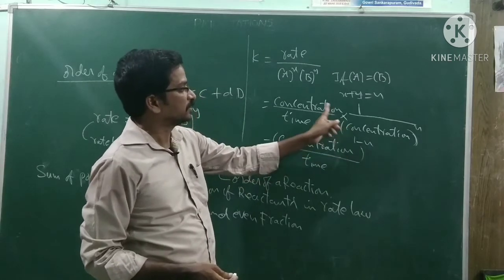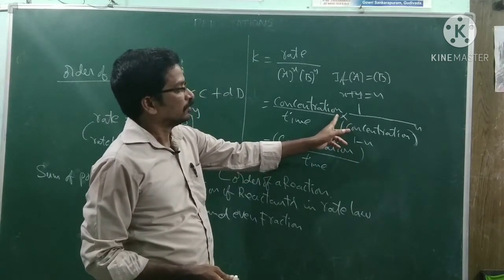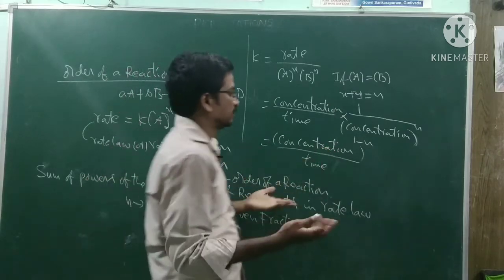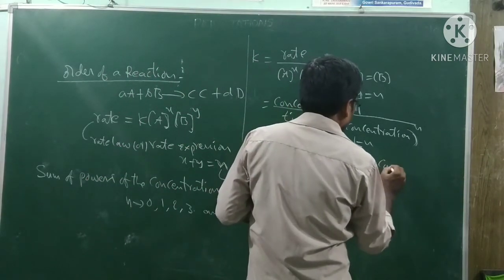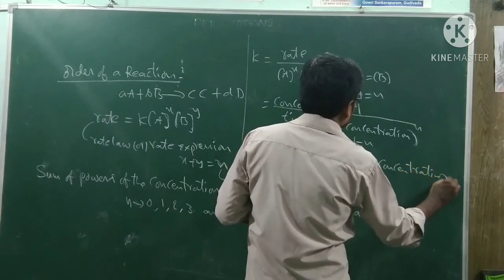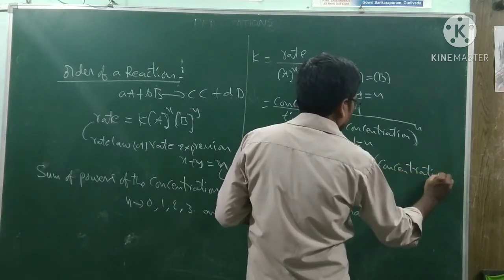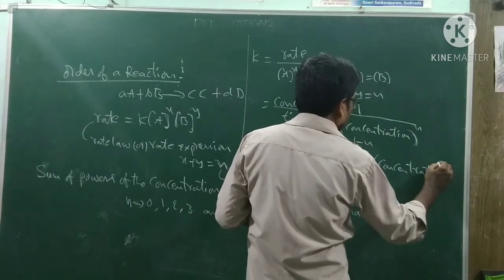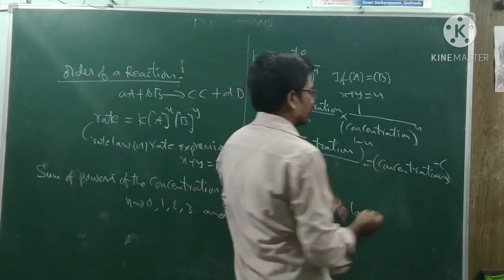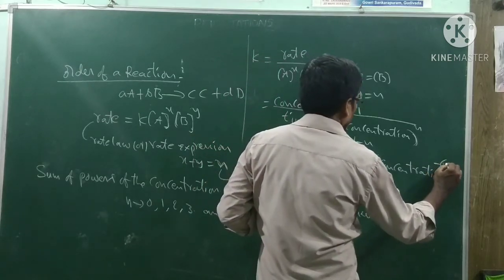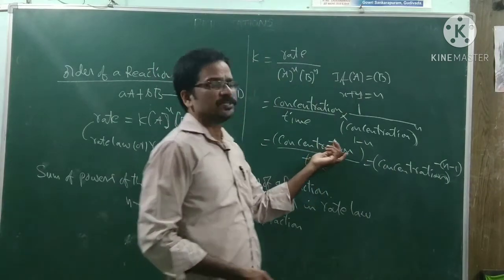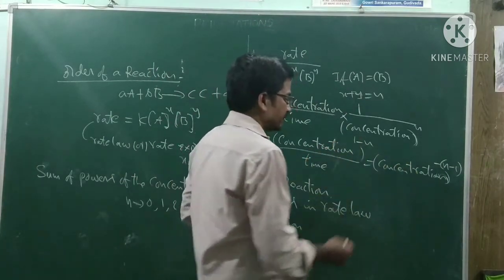From this one, for adjusting these two, you may write like this also: then concentration term by all to the power n minus 1. No problem. This one you may write like this also, by time.